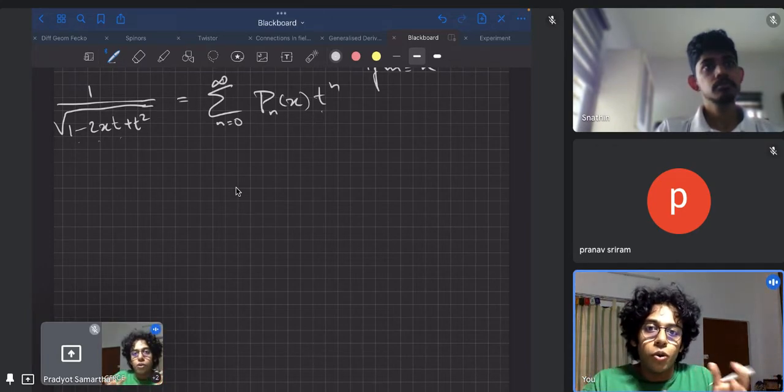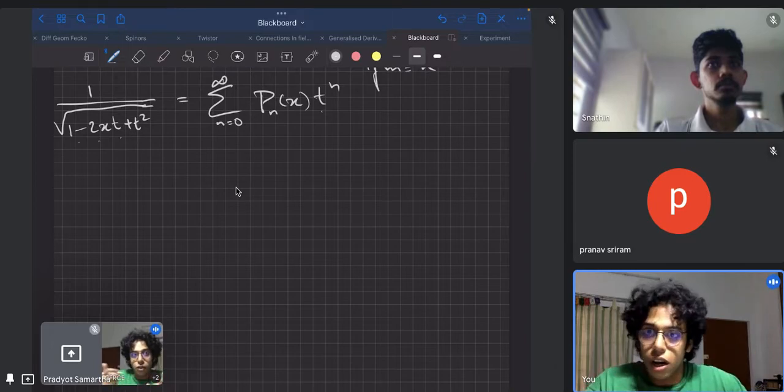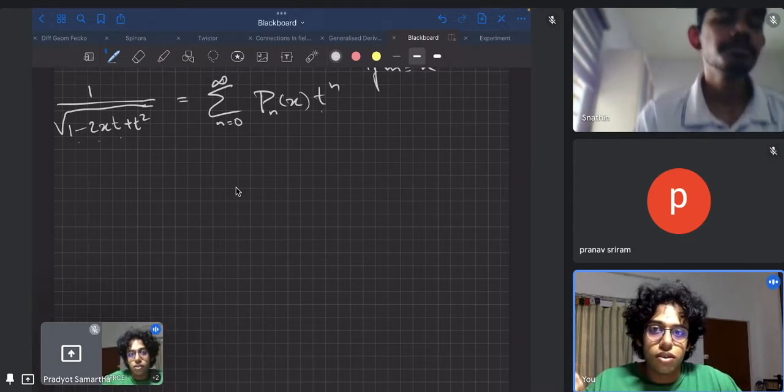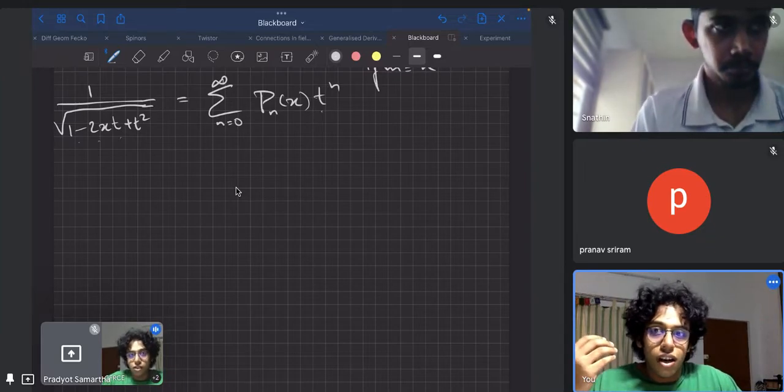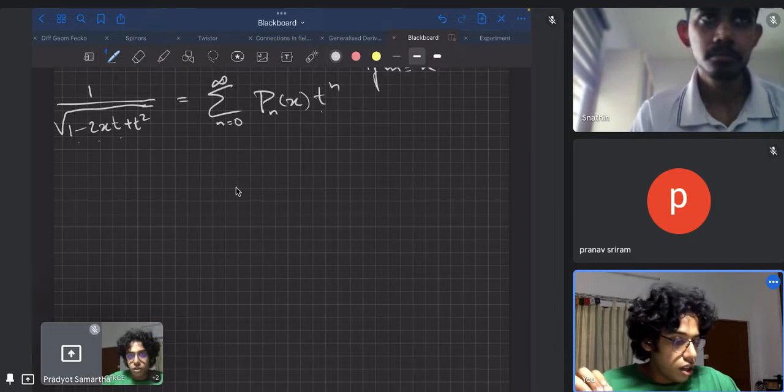Going into this is something that is probably for mathematicians. I haven't really gone into depth, but you can ask the question. Essentially, this is just defined as a way to derive your Legendre polynomials.